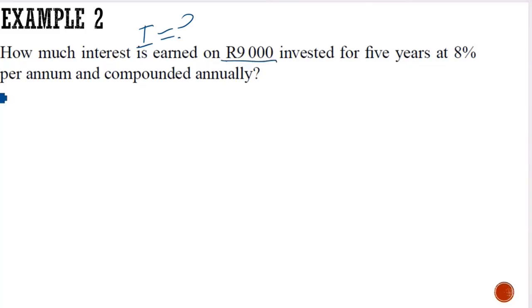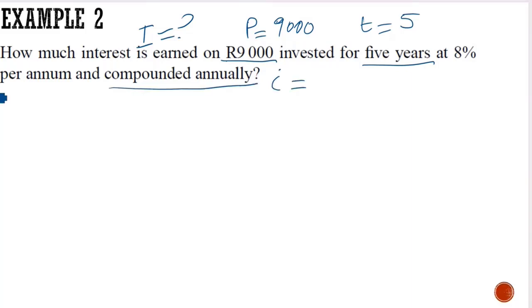On the present value, this is your P. Your P is 9,000, which is invested for 5 years. Your time is annually, and your interest is compounded annually. So now your I is equal to 0.08. When something is compounded annually, it means your M is equal to 1.